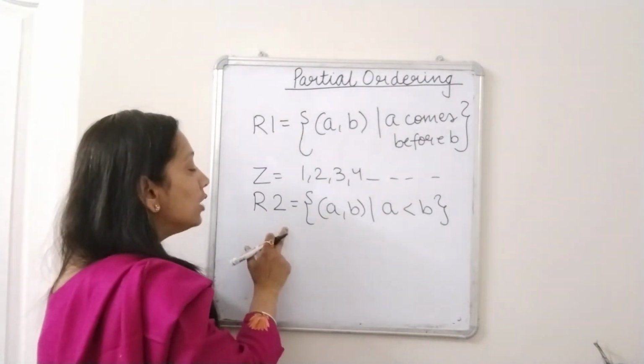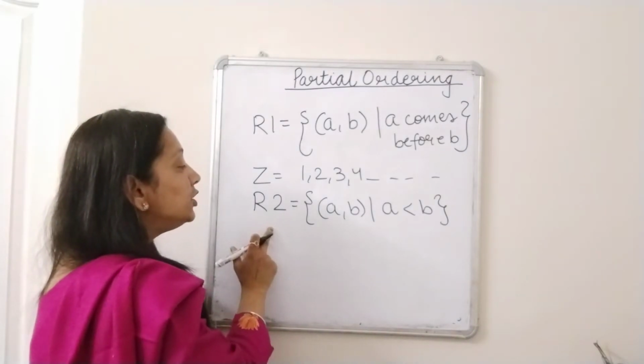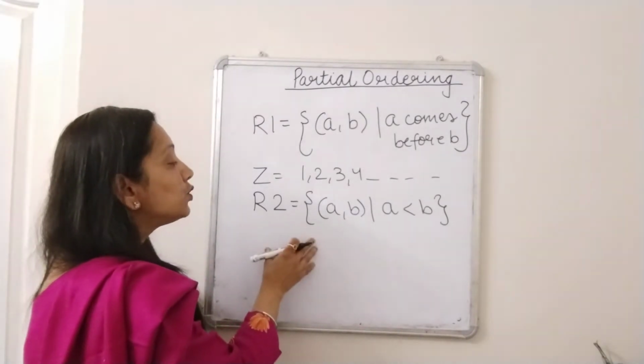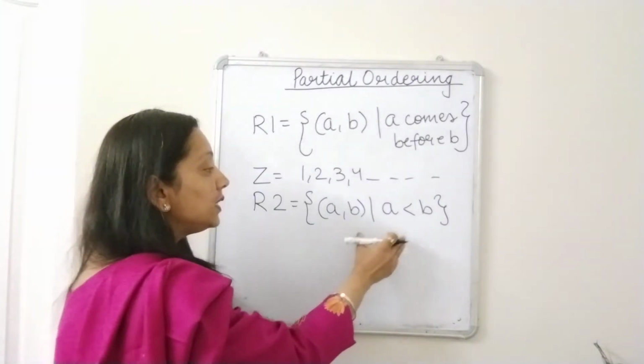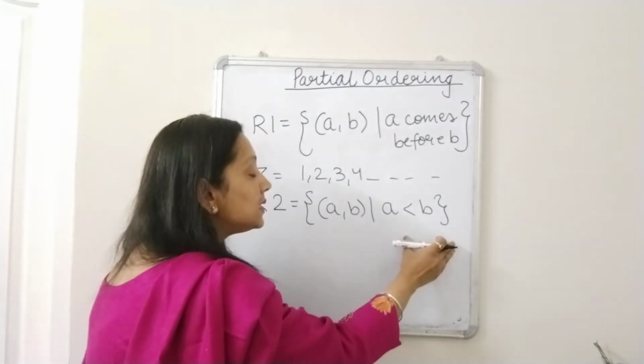This relation R2 consists of ordered pairs A, B such that A is always less than B.